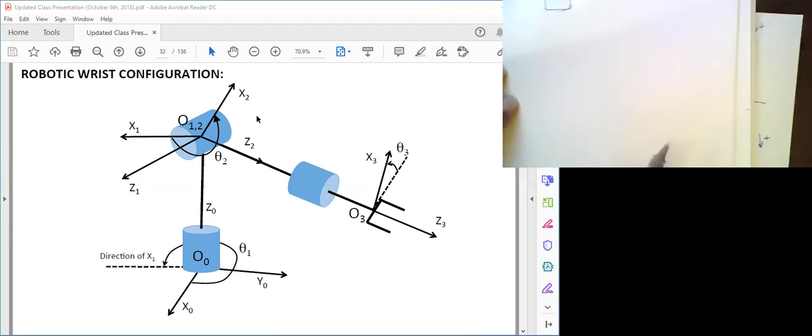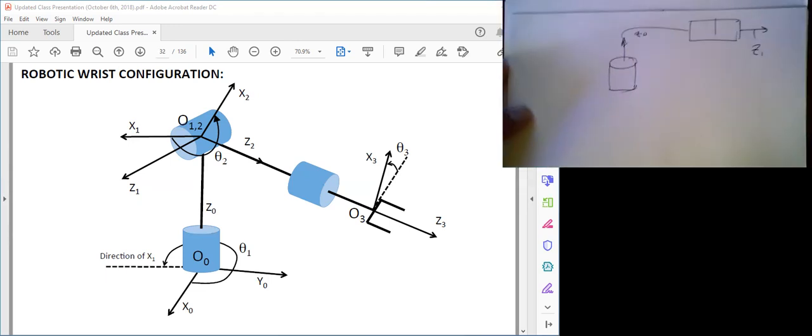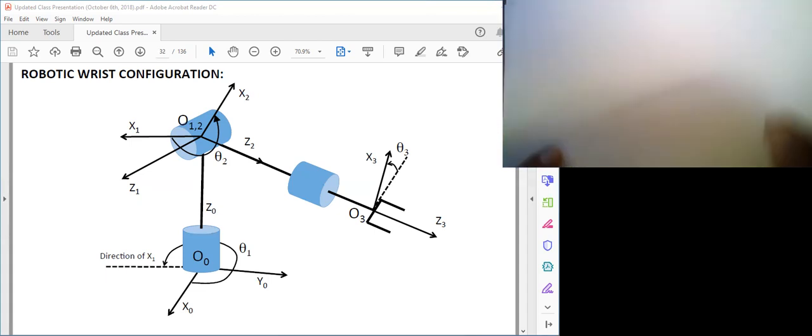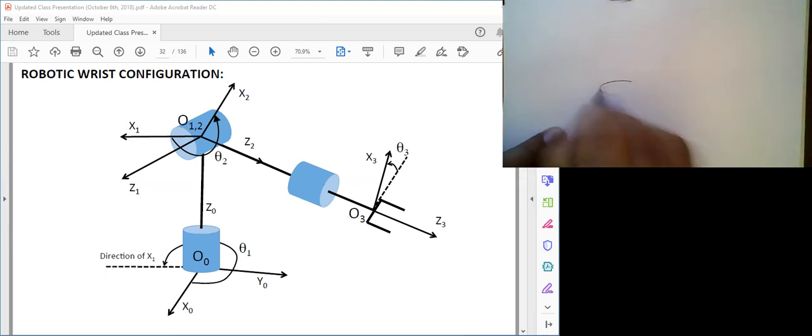Let me draw it here. Okay, this is my robotic wrist.